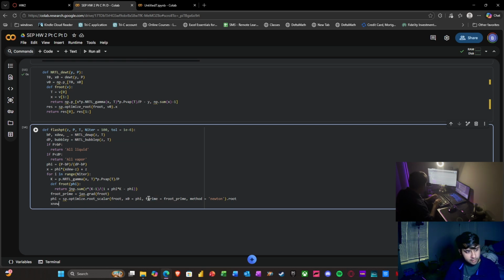Then our x new is going to be essentially our Rachford-Rice without the k minus 1 in the top. Now 1 plus phi times k minus phi.